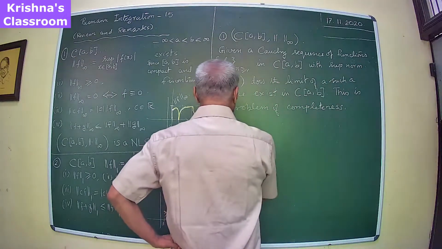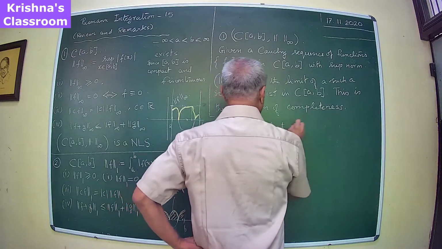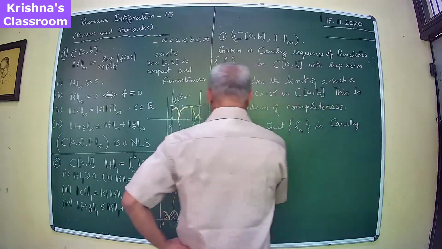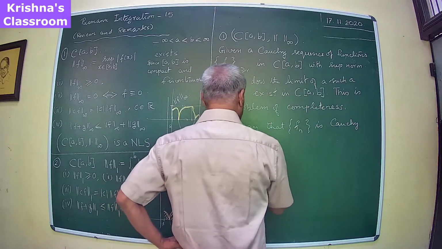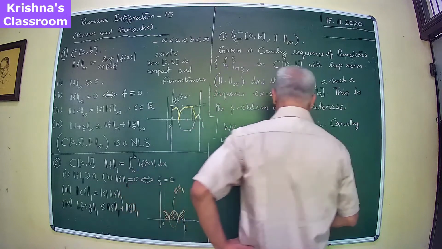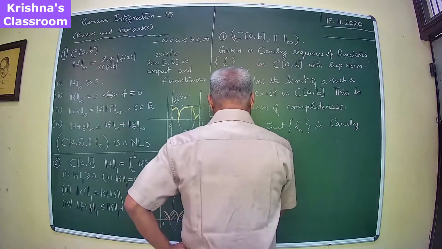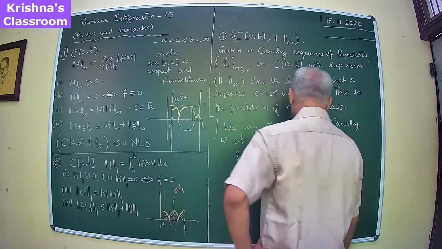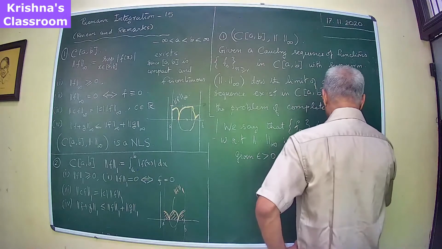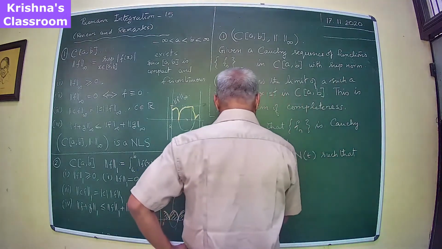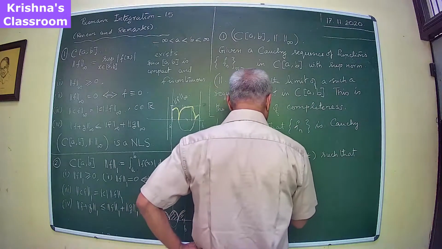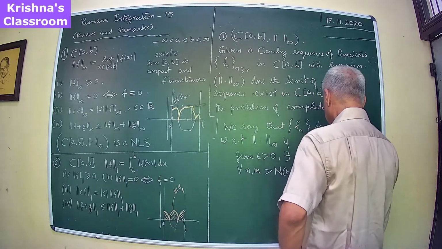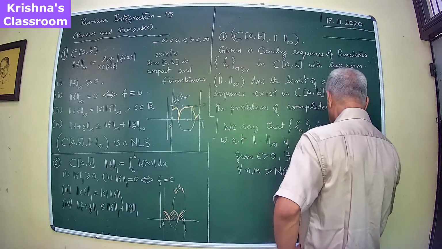We say that given epsilon, there exists N such that for every n, m greater than N, the norm of Fn minus Fm is less than epsilon.